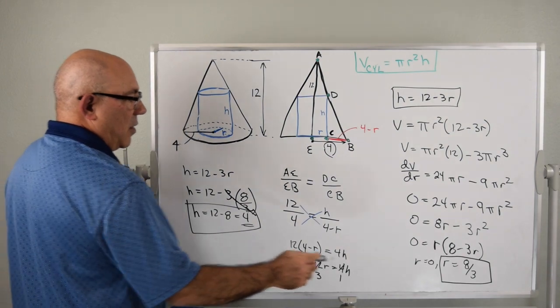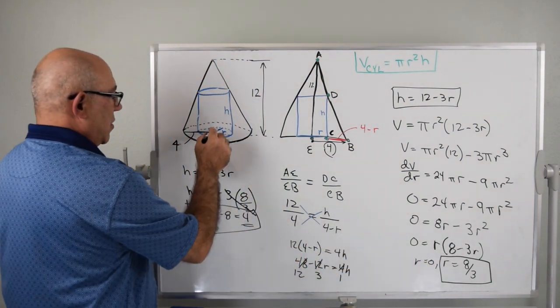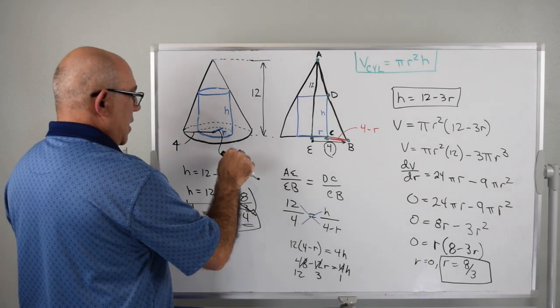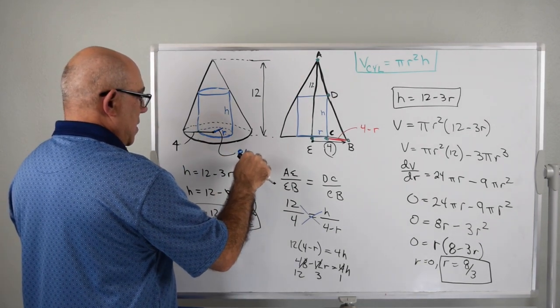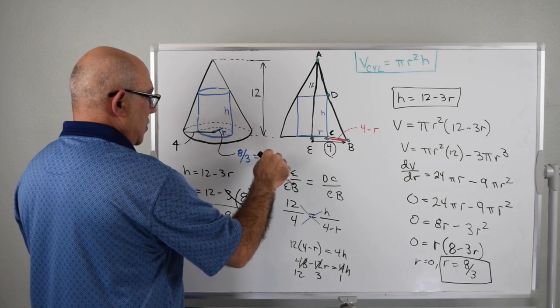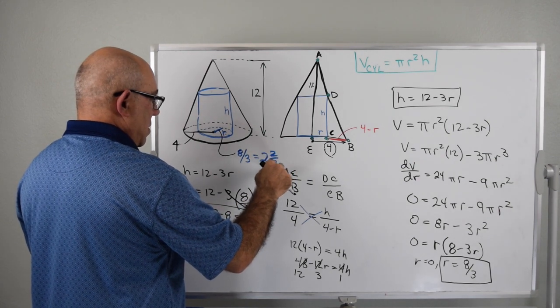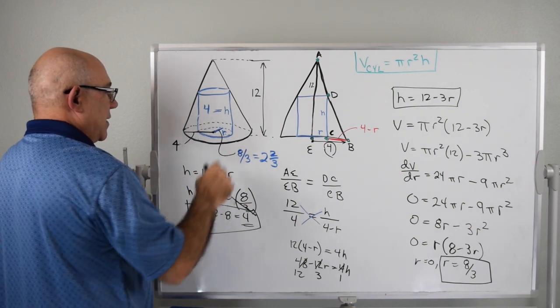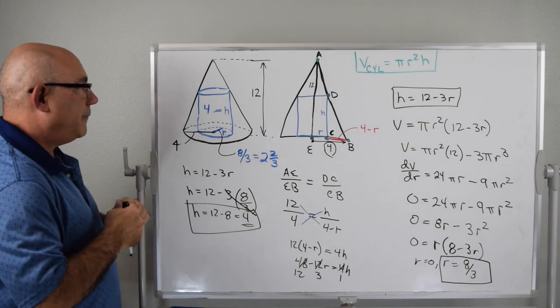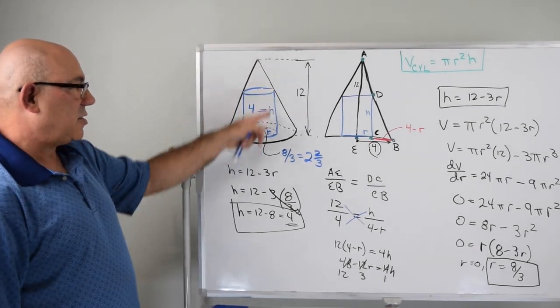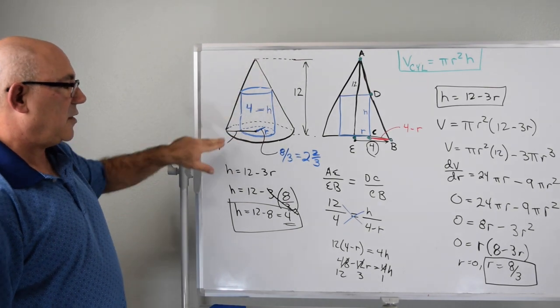So we now know that the radius that we're looking for here is 8 over 3, which equals 2 and 2/3, and we know that the height is 4. Those are the dimensions for the largest volume cylinder that will fit inside this cone.